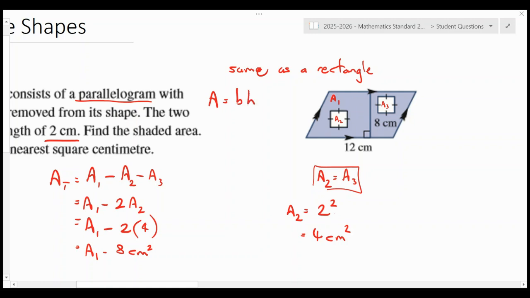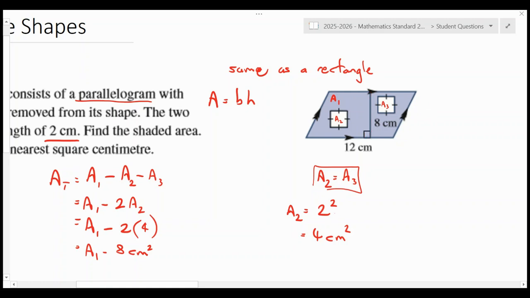The only difference is, much like a triangle, it has to be the perpendicular height. So they've given us the perpendicular height, not the height of it leaning over. The length of that leaning side would be longer than 8 centimetres, but we don't care about that. It's only the height from the base to the top, the perpendicular height.